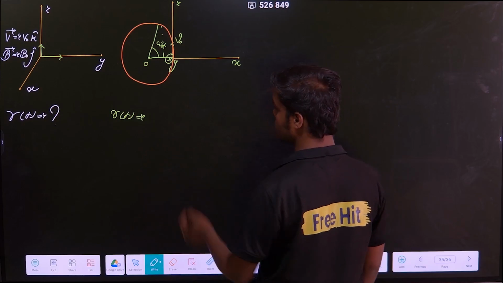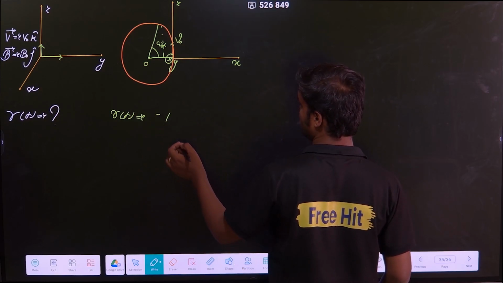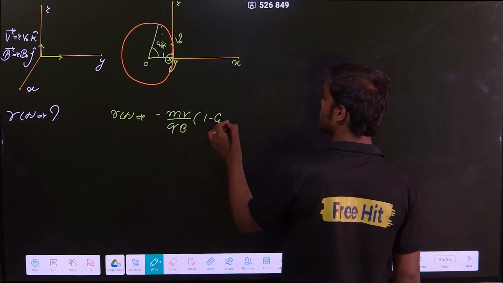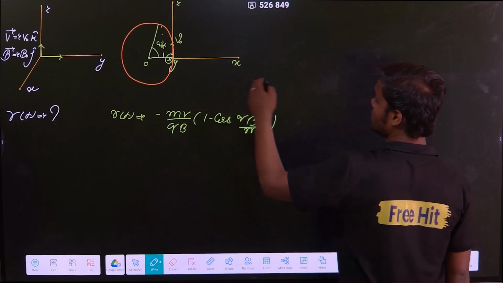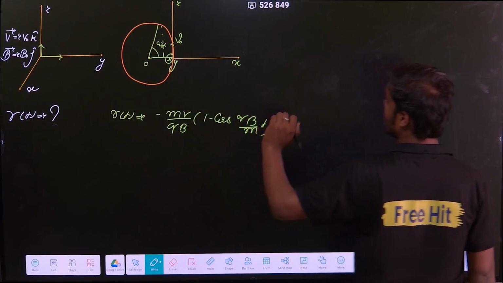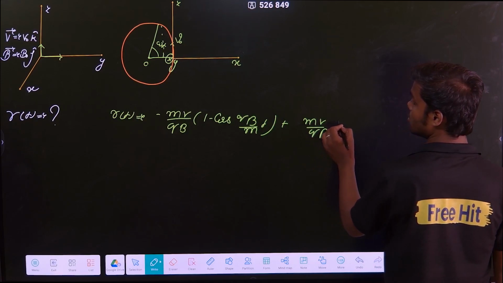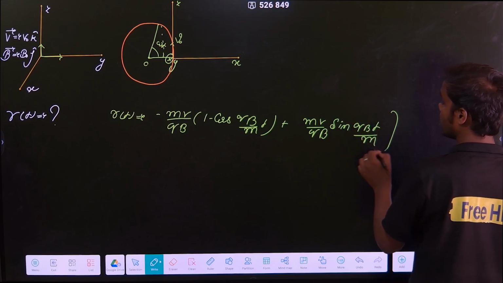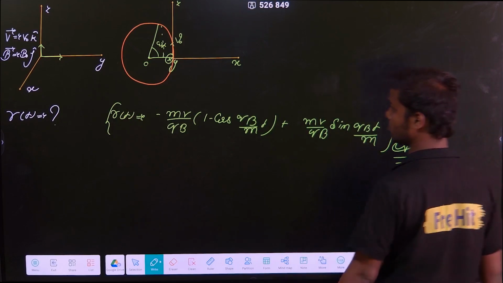The x coordinate will be mv upon qb into 1 minus cos of qb by m into t. There will be no y because it is in the xz plane. And z will be simply mv upon qb into sine of qb t by m. This is my r of t, and this is the answer for this question.